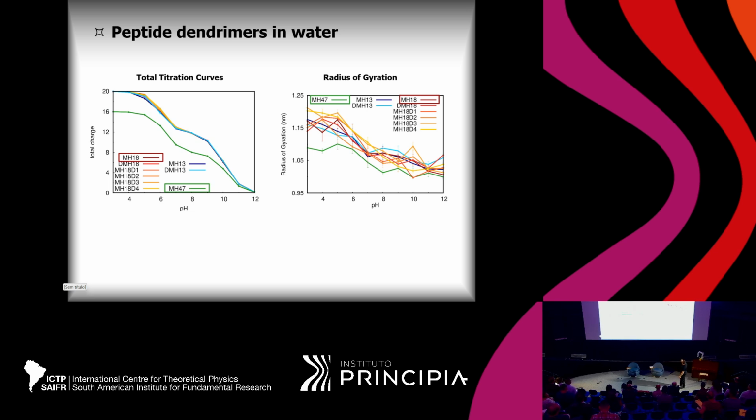We don't have much sampling, but enough to see that, okay, if you don't have so much positive charge accumulated, then you can compact more. So it's an electrostatic driven process of expanding and contracting, and we coded that.